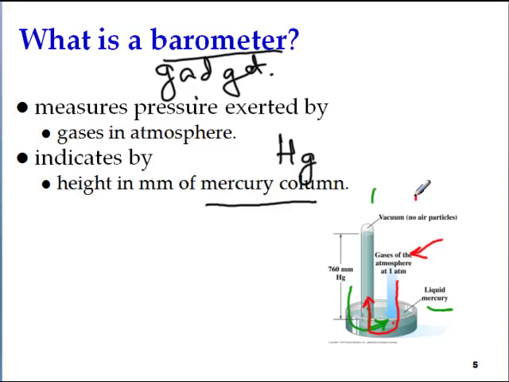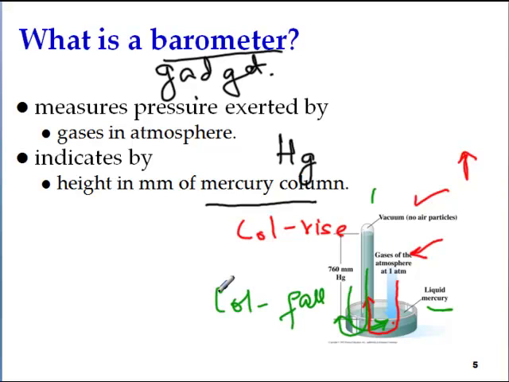Now these two scenarios will depend on the pressure of the atmosphere. If the pressure outside is greater, then yes, the liquid will go up and the column, as we call it, will rise. However, if the atmospheric pressure is less, then the column will start falling and the mercury will come down, and this is called column falling.